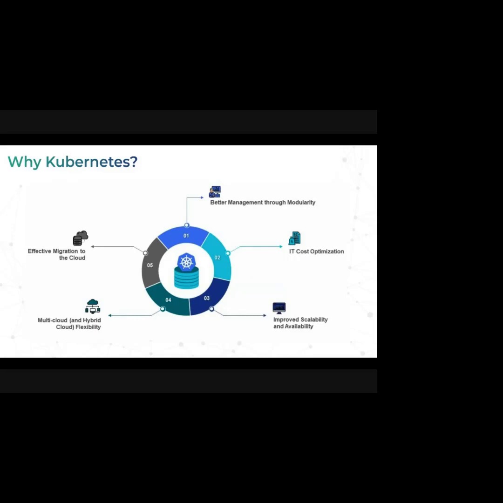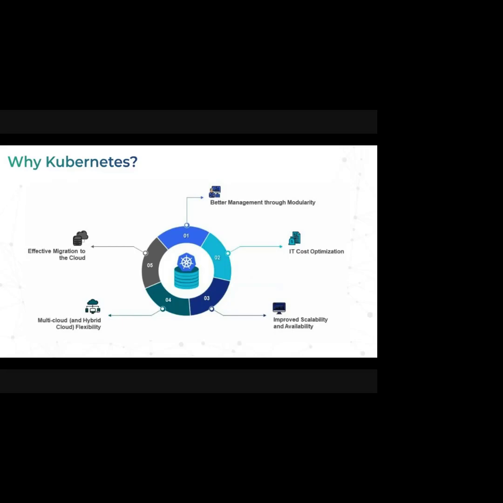I will say it is a comparison factor between Docker as well as virtualization, because with the help of deployment and load balancing, it scales as well as is highly available. Multi-cloud remains the same in the case of Docker as well as Kubernetes, a difference compared to virtualization. Last, effective migration to the cloud, same as Docker. As I mentioned, the underlying engine is more of a Docker, so a couple of points will remain exactly the same.